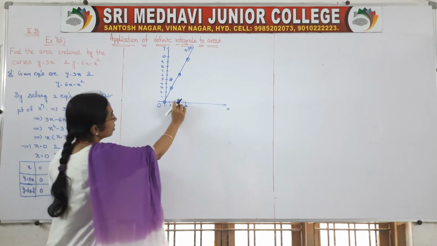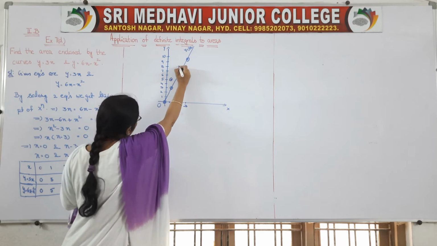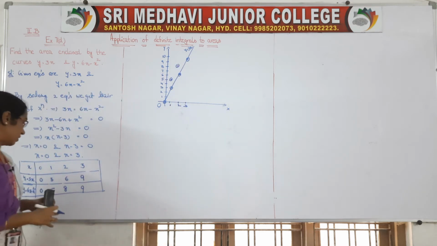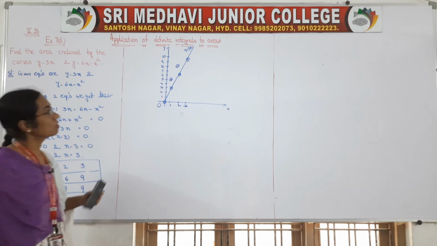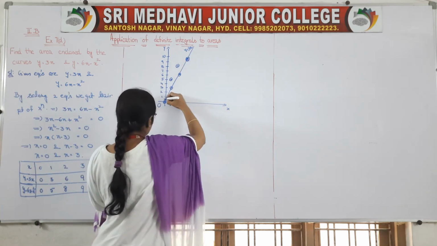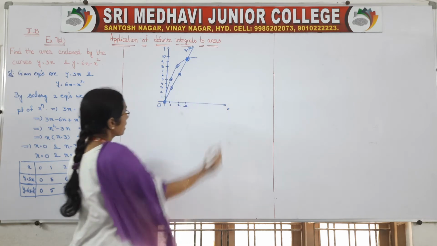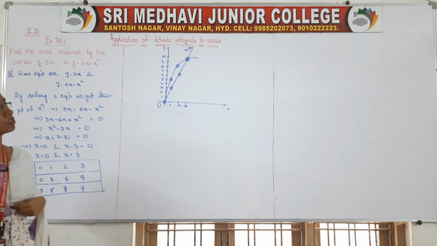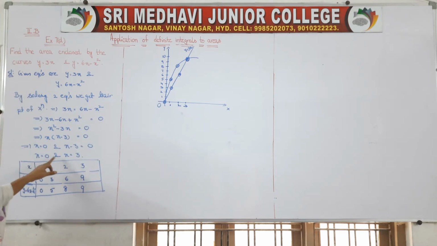Next, 3 at 9. The x value is 3 and the y value is 9. So this point. Join them with the free hand. It is a curve.